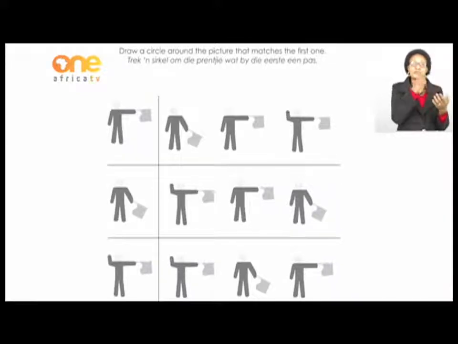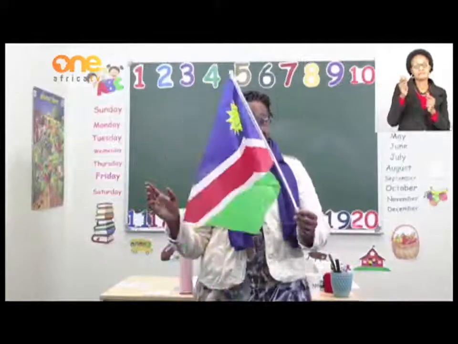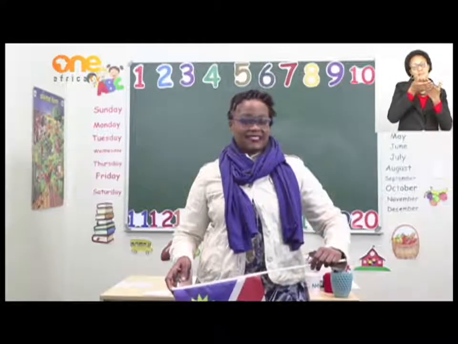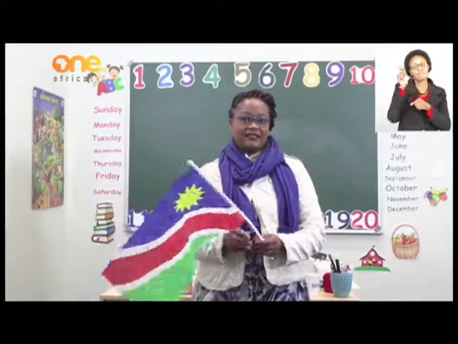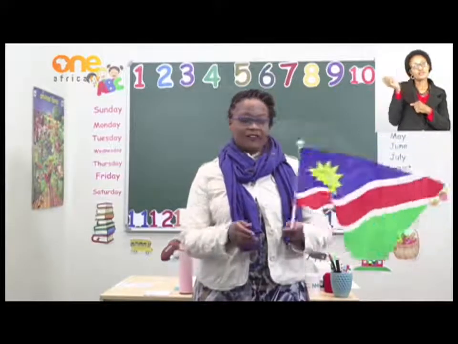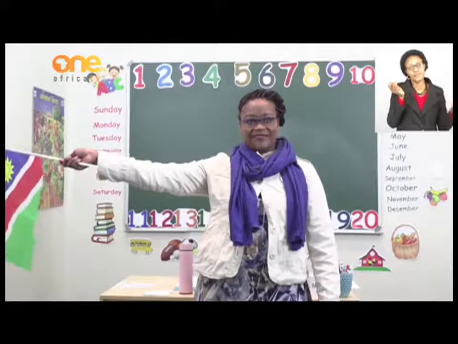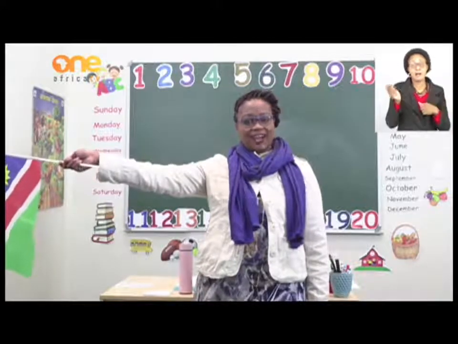Your job is to find the man with the flag that matches the picture on the other side. I have my flag here and I'm going to help you with this picture. So the first one that we can see, the man is holding the flag on this side and it is straight and his hand is down.